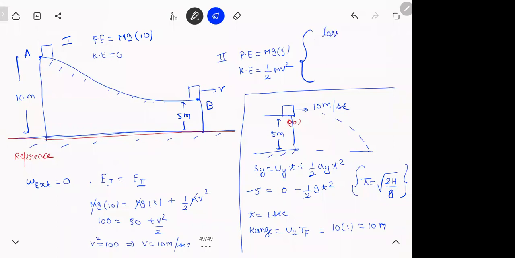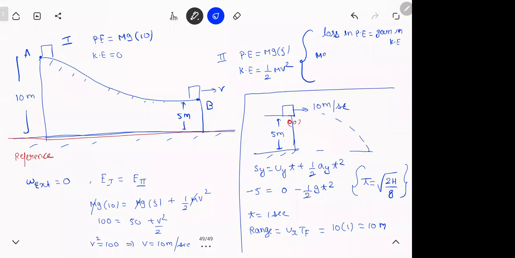See, loss in potential energy is equal to gain in kinetic energy. This you must have studied in school. Because the total work done is 0, whatever potential energy you lose is equal to kinetic energy.